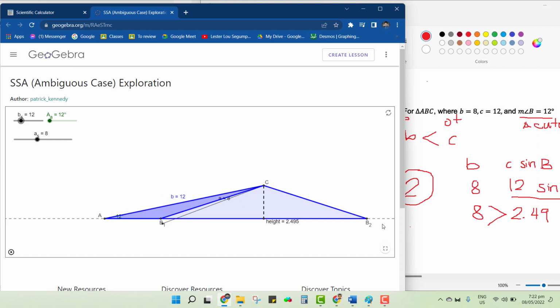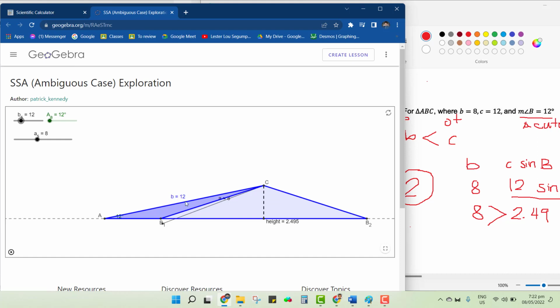So we could have this triangle and we also have this triangle as a possibility. This is the reason why there are two triangles for a situation where the value of the opposite side is shorter than the other side.